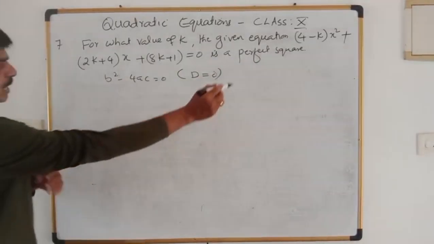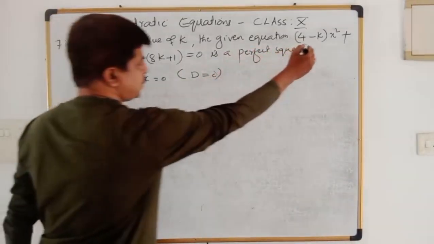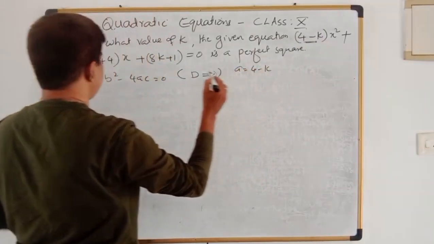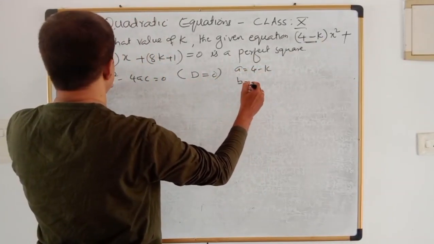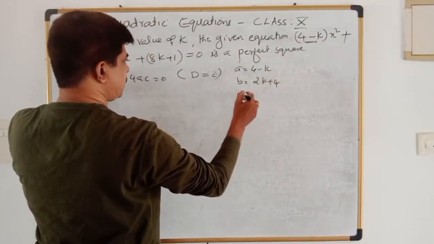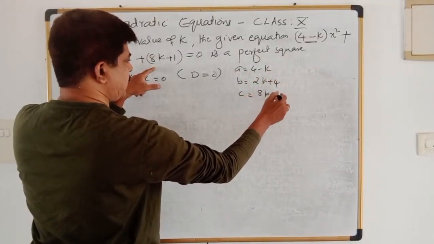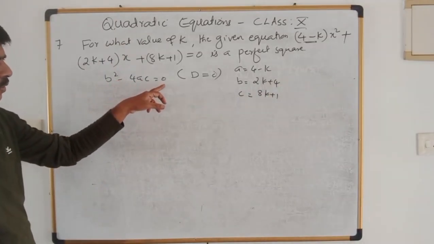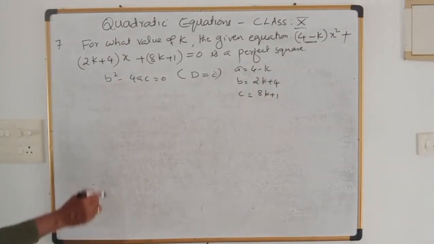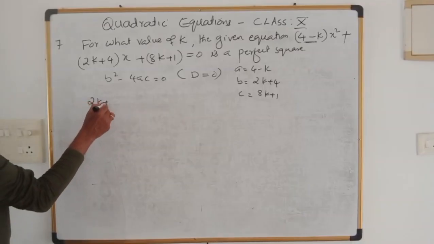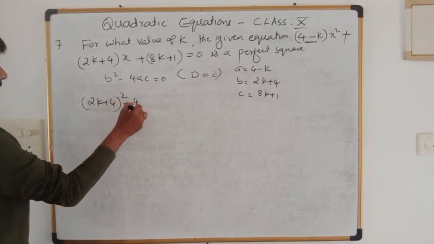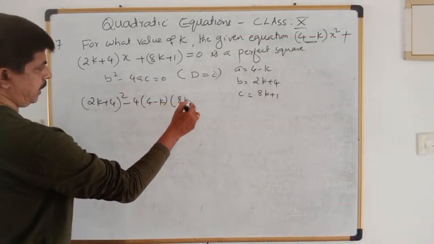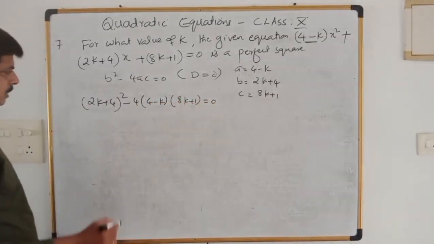So let us take a, b, c here. Coefficient of x square, a: a is equal to 4 minus k, b is 2k plus 4, c is 8k plus 1. In b square minus 4ac, we substitute, so we will get the value of k. b is (2k plus 4) whole square minus 4 into a, (4 minus k), c, (8k plus 1) is equal to 0.